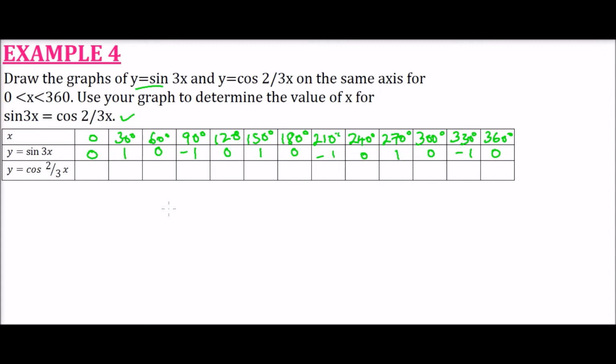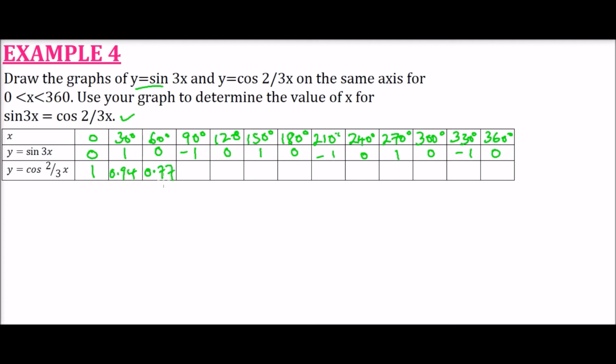Then we have y equals cos 2 over 3 x. This will give us, when x is 0, we get 1. Then we have 0.94. We have 0.77.